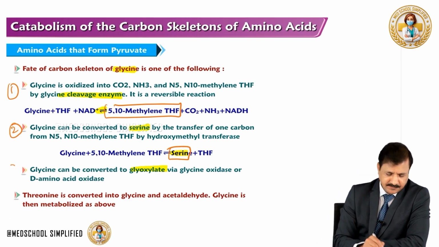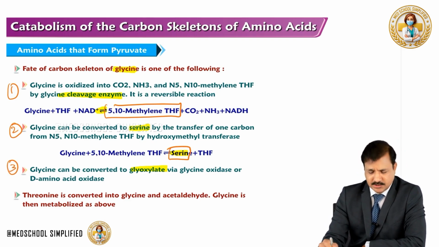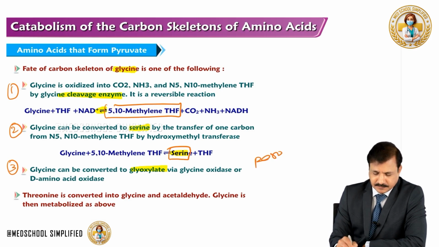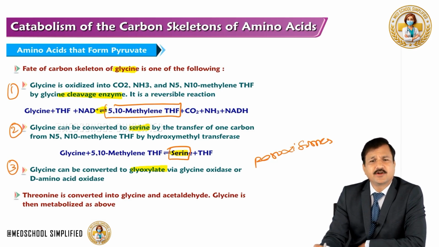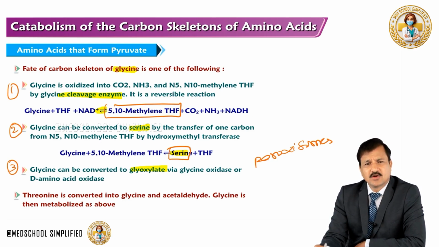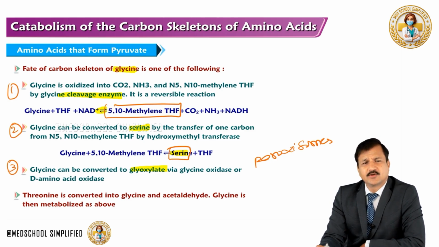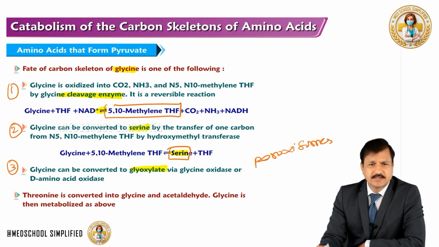And the third is the one that happens in the peroxisomes, where glycine is converted to glyoxylate via glycine oxidase, or it can be oxidized by D-amino acid oxidase.